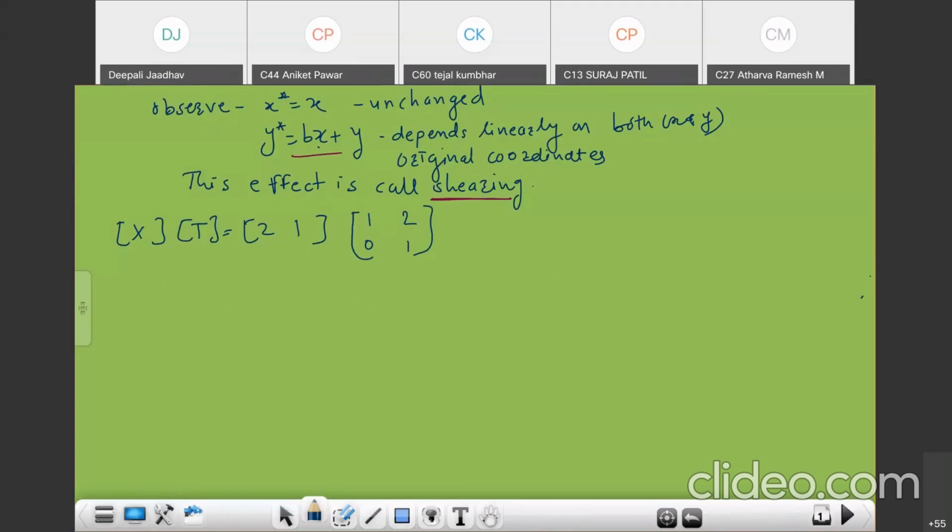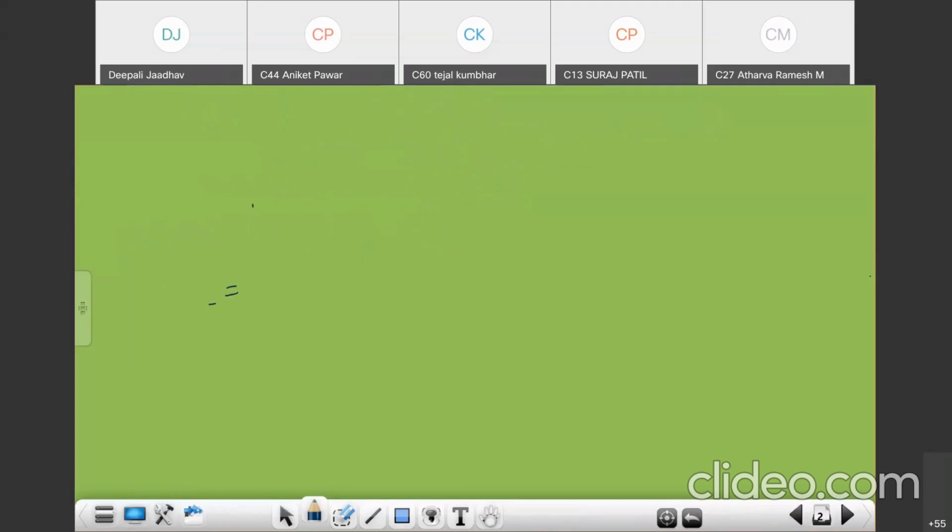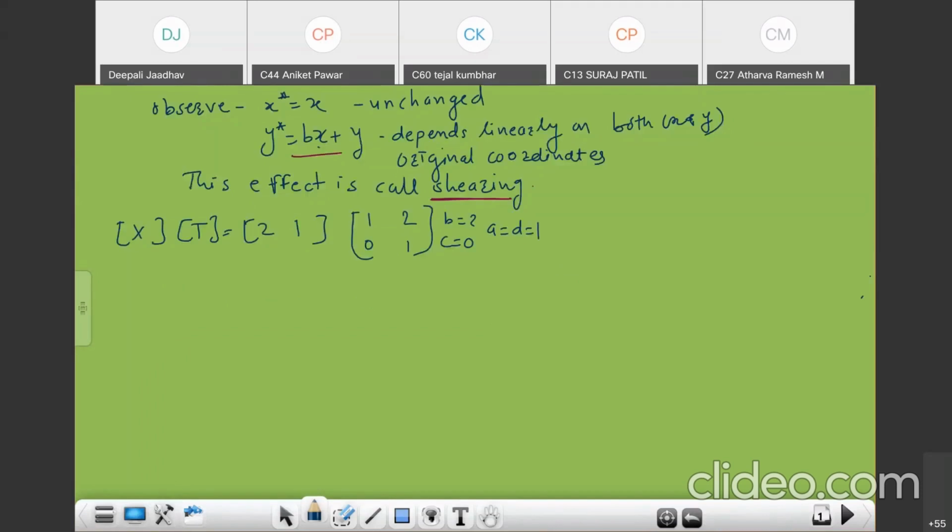What is the result? X star is equal to X, as per our calculation, so X remains as it is.